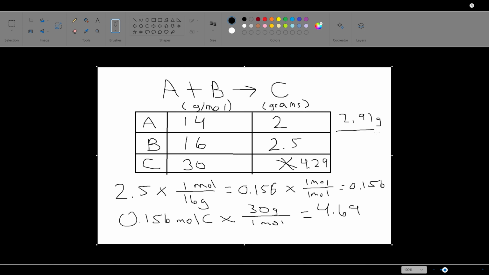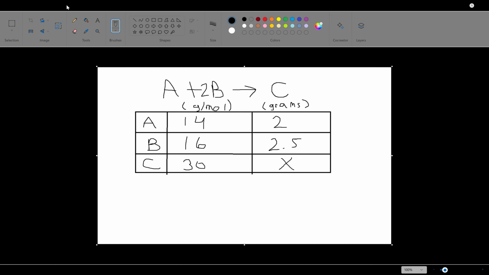All we have to do to get our percent yield is just divide that number by the 4.29 grams to get us our percent yield, which is 2.97 divided by 4.29 equals 68%. So we would get 68% of our theoretical yield if you ran the actual experiment.